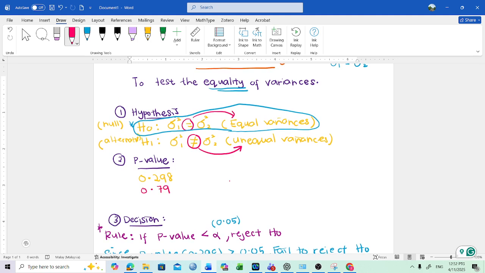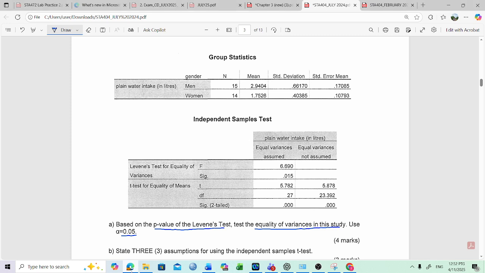Begin with the hypothesis. For example, this question is about two groups, men and women. I will start my answer with the label. Let's say I label one as men, two as women.